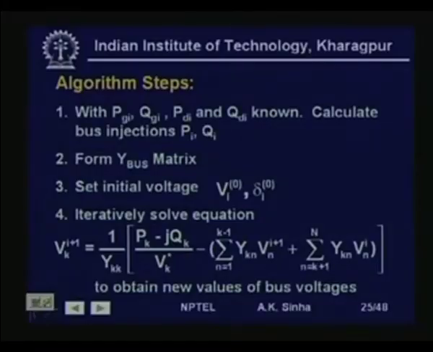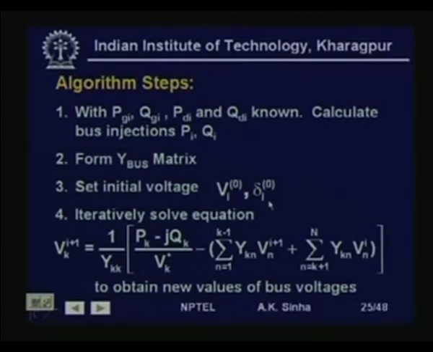So, the initial starting voltage is normally taken as 1 per unit in magnitude and delta as 0. So, 1 angle 0 is the starting value for voltages at all the buses except for PV buses, where the specified value is given. Of course, for the slack bus V is specified and delta is anyway 0, because that is the reference.